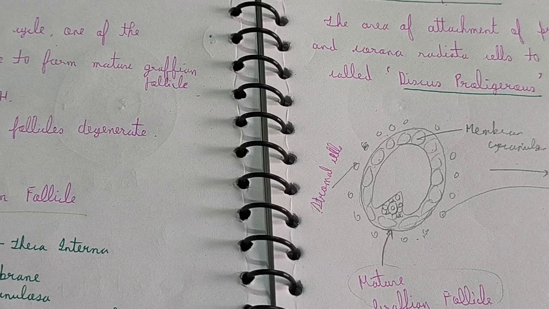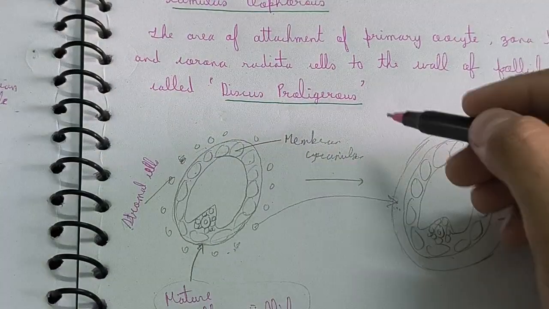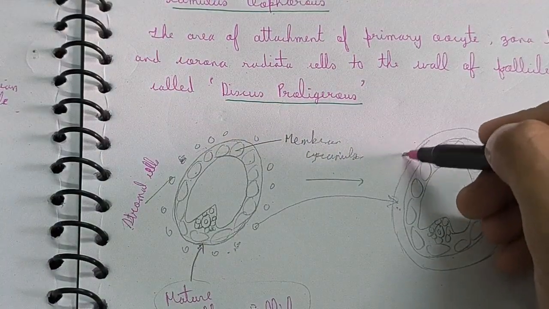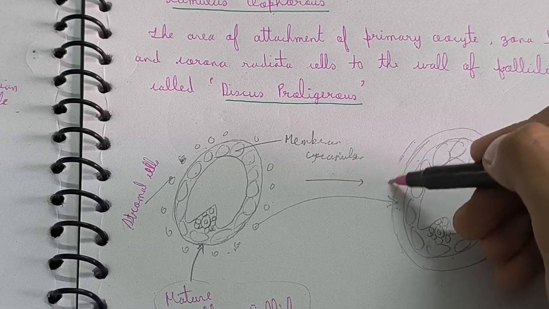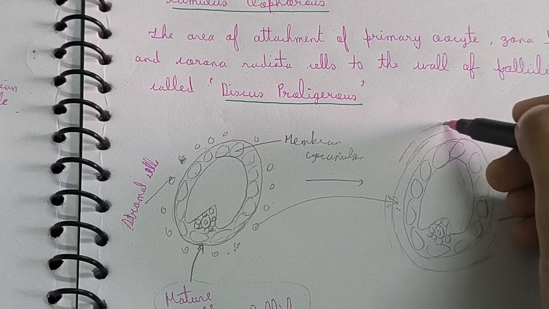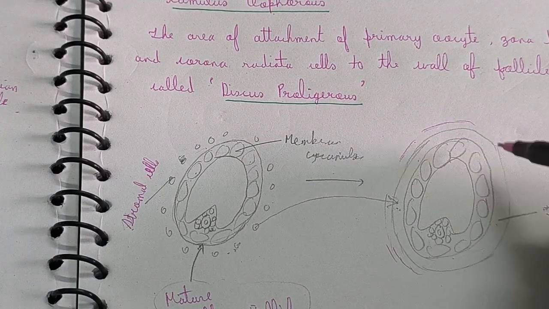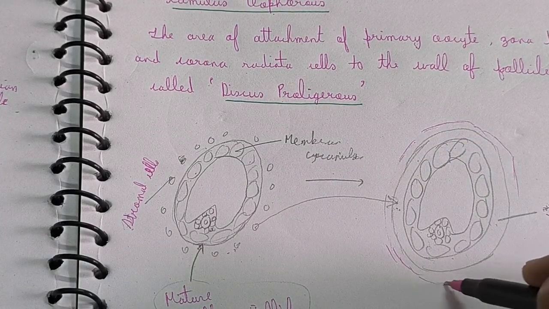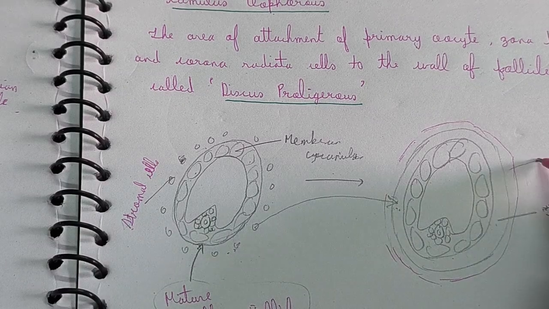So this is theca interna, and just around it one new layer is formed as a covering layer, and this is known as theca externa.